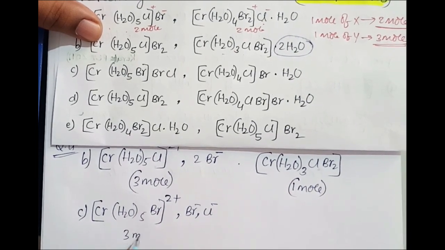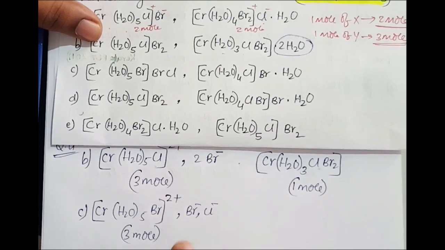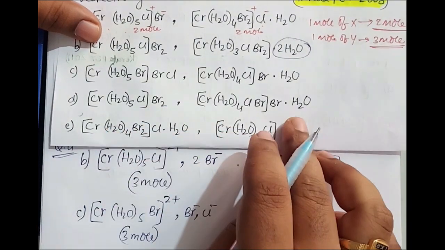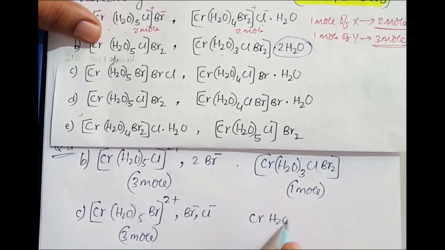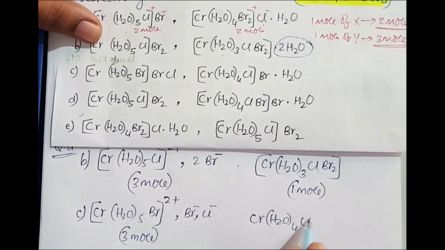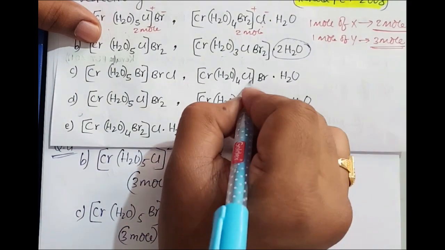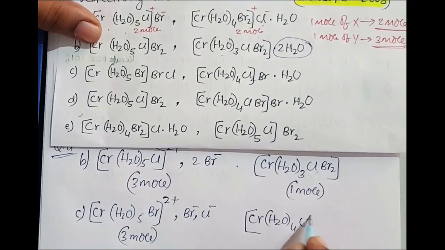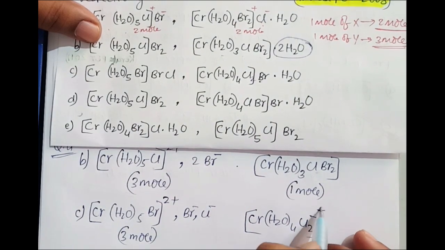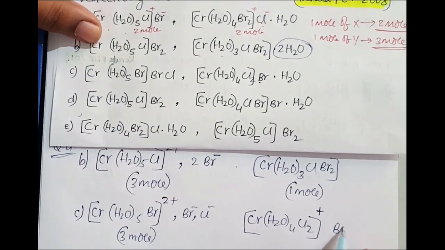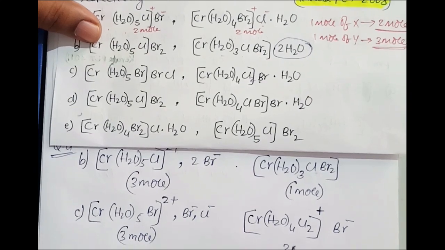Totally 3 moles of ions are formed. And this one, [Cr(H2O)4Cl2]. Here Br minus goes outside, so a plus charge comes, and only 1 Br minus, so totally 2 moles.